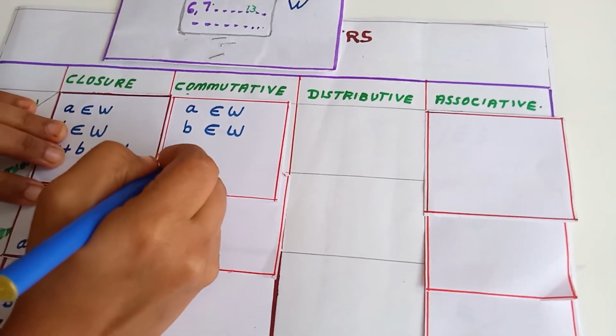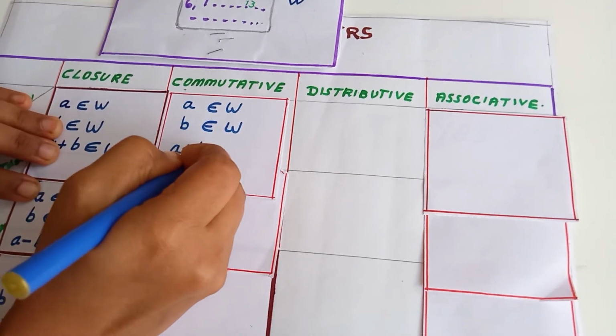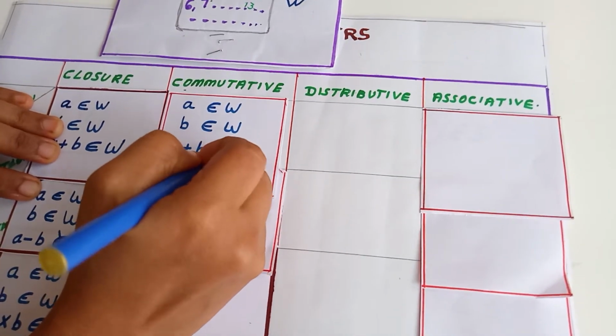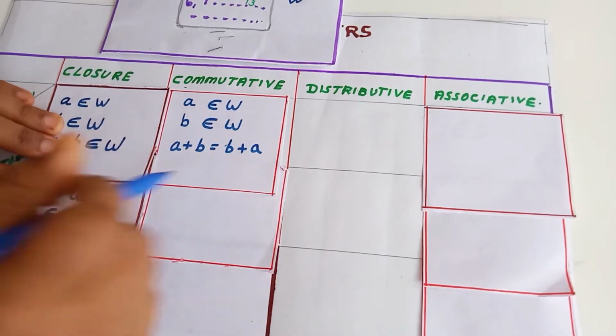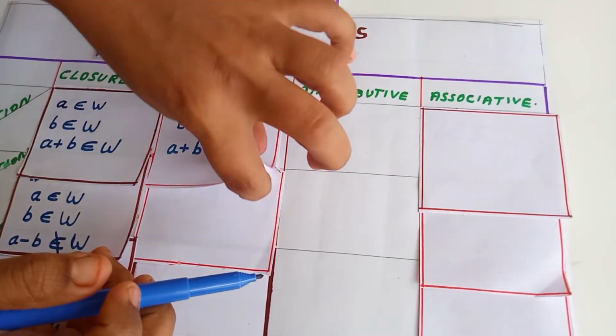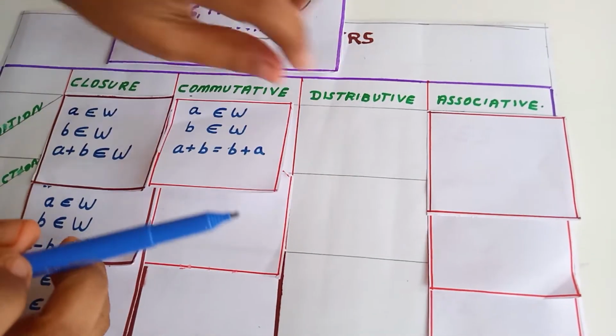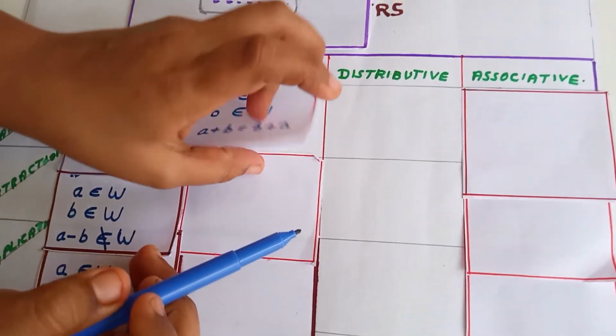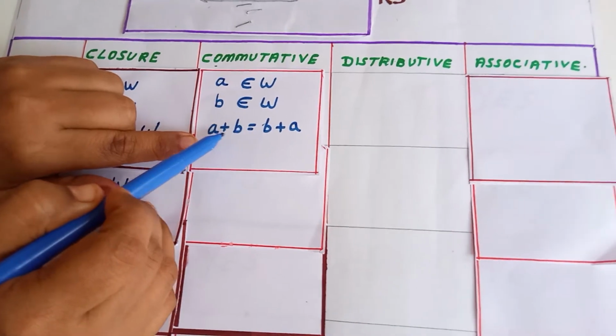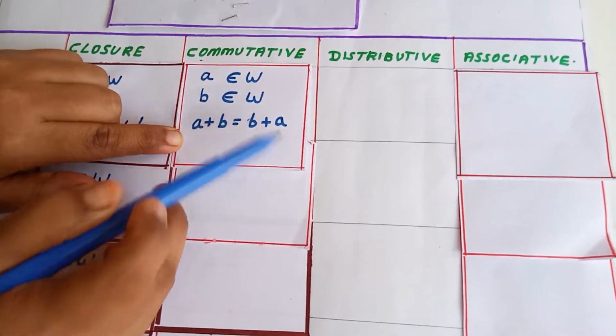A plus B equal to B plus A. It is satisfying, because see, we got the answer as yes. So very easily I can write that A plus B equals B plus A.